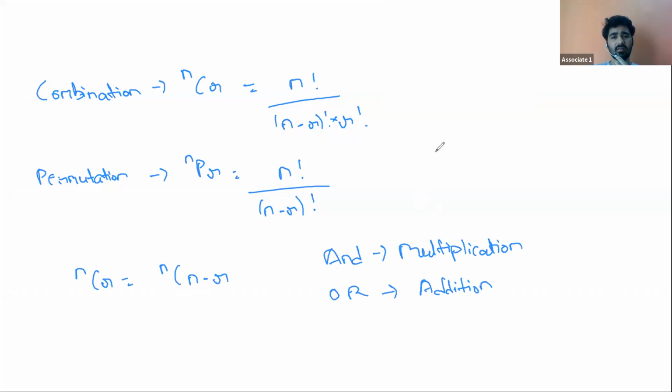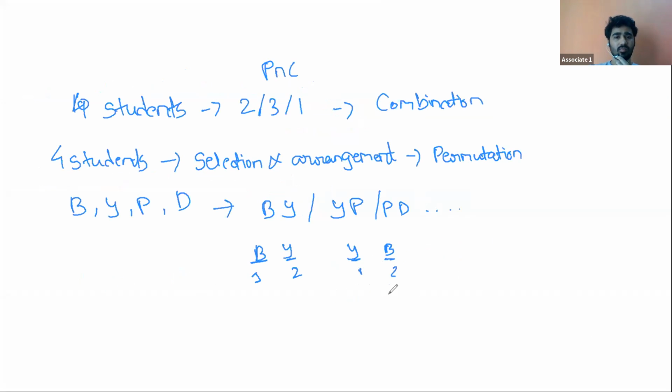If I come to this page, suppose there are two boys and two girls in this class. If I say that I want to select one boy and one girl, the operator will be multiplication. If I say that I have to get either one boy or one girl, then the operator will be addition. Is this clear?